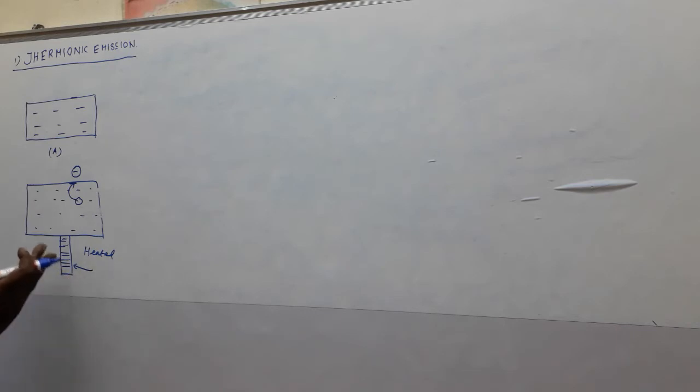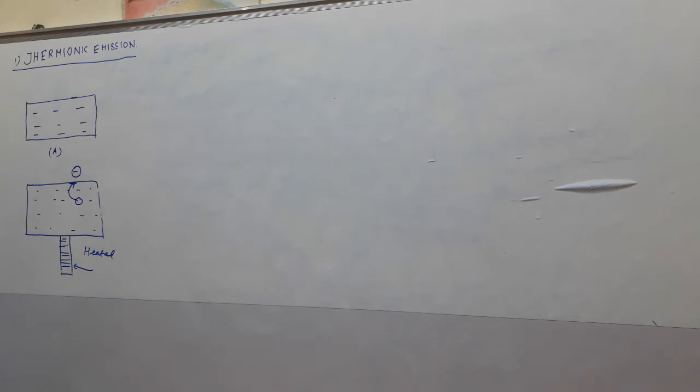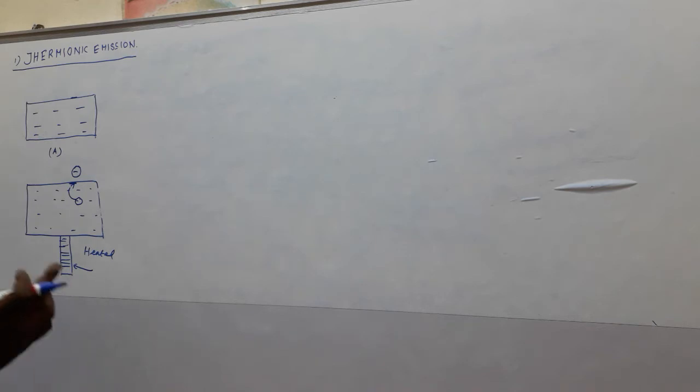The free electrons inside the metal absorb sufficient energy from the thermal energy, break the barrier potential and come outside the metal, and this is known as thermionic emission.